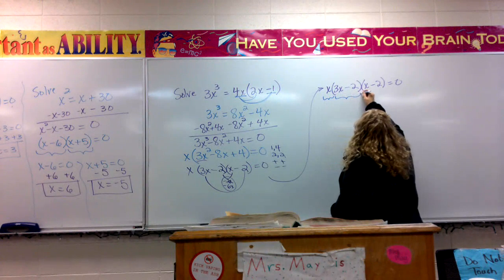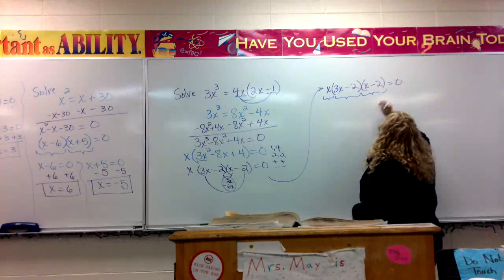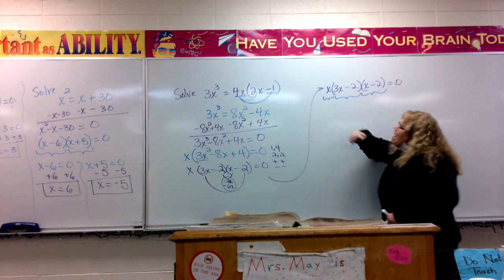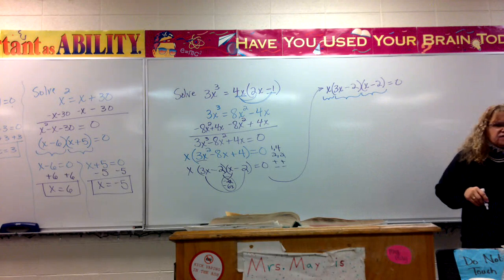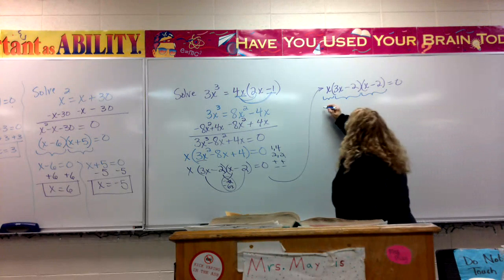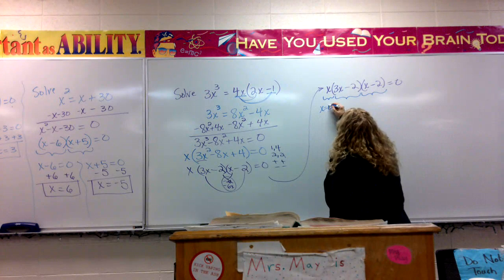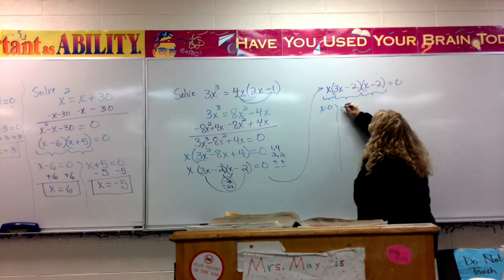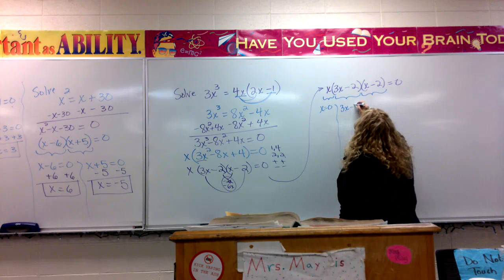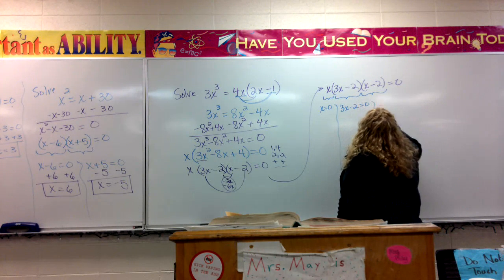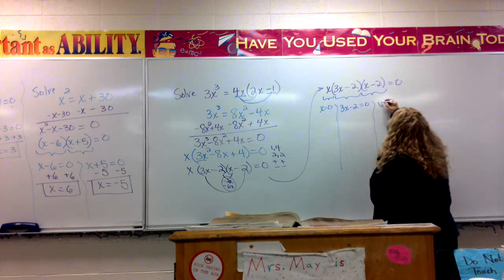That means one of those 3 things has to equal 0. So either x equals 0, or 3x minus 2 equals 0, or x minus 2 equals 0.